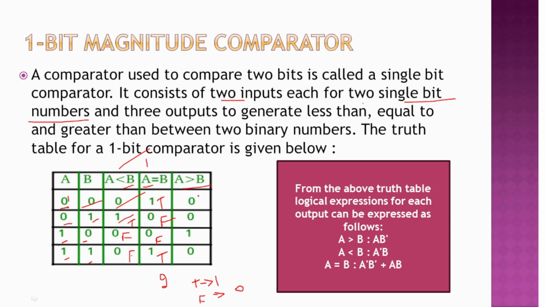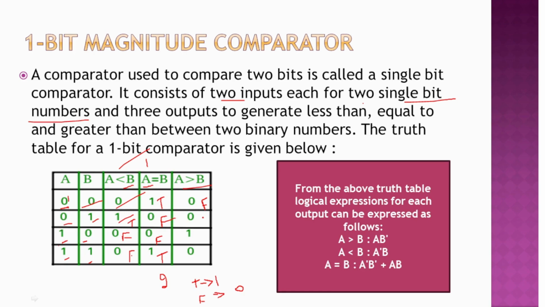The last output of the 1 bit magnitude comparator is A greater than B. When A is equal to 0 and B is equal to 0, the condition is false, so you fill 0. Next, A is equal to 0 and B is equal to 1.